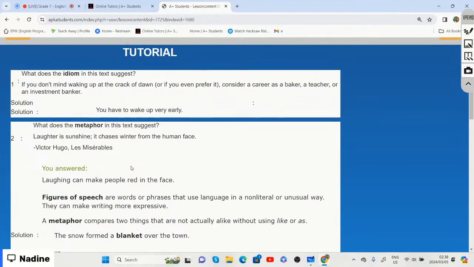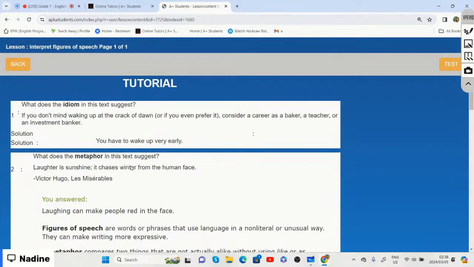All right. And what does this idiom in the text suggest? It says, "If you don't mind waking up at the crack of dawn, if you even prefer it, consider a career as a baker, teacher, or an investment banker."